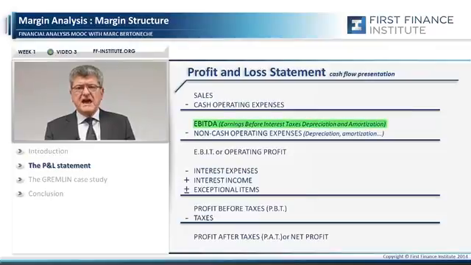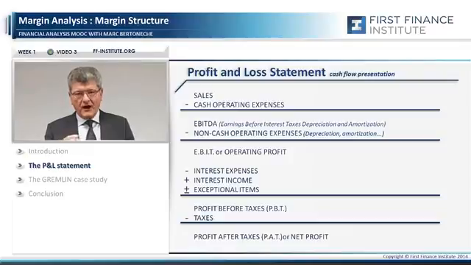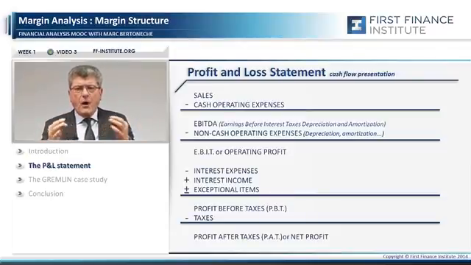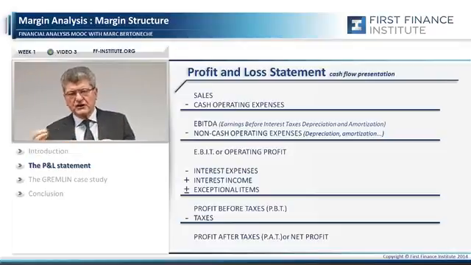And we get the EBITDA, E-B-I-D-T-A, which doesn't mean earnings before I trick the damn auditor, but earnings before interest, taxes, depreciation, and amortization. So EBITDA is the difference between all revenues and all expenses which one day or the other will be materialized by real cash inflows or cash outflows.